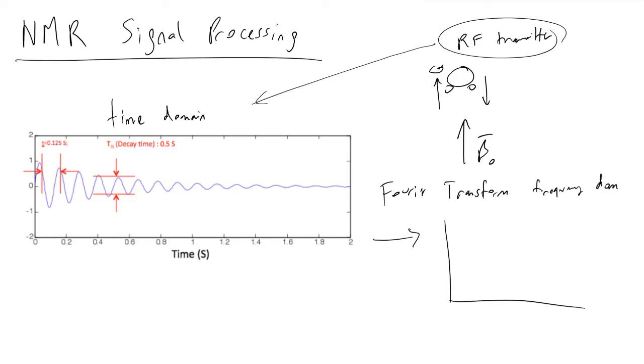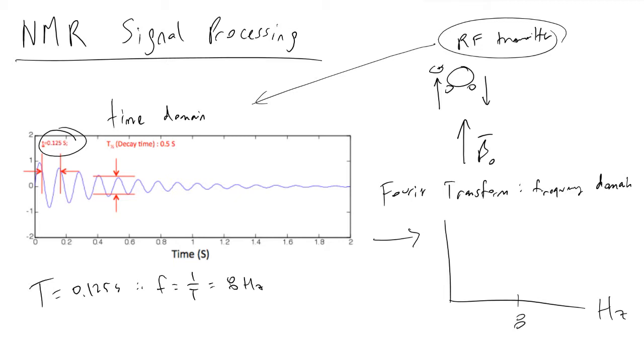And in this frequency domain, because we were able to determine, in this example, we've got a period of 0.125 seconds, therefore, it has a frequency of 1 over t, which is equal to 8 hertz. What that means is in the frequency domain, after we've taken the Fourier transform, at 8 hertz, we're going to expect to find a signal.